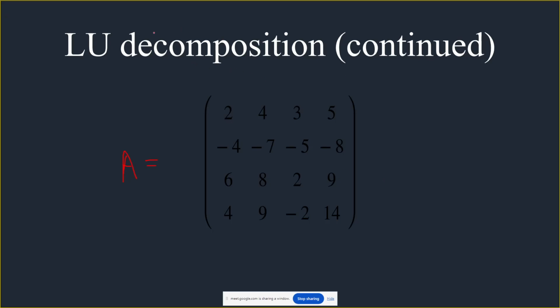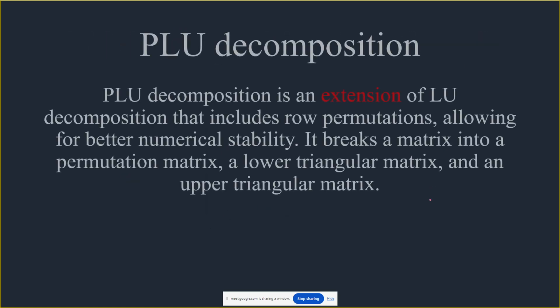So yeah, we understood the LU decomposition. It is completed for us. Now let's move on to the PLU decomposition. At first, let's discuss what P means, what L means, and what U means. PLU decomposition is kind of the extension of LU decomposition.